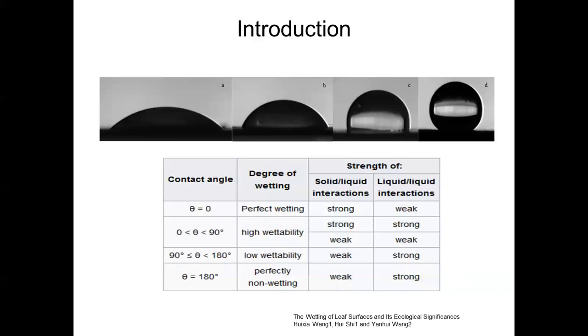The liquid to solid interactions are very strong, and the liquid to liquid interactions, the drop itself, are very weak. If we look at angles between 0 and 90 degrees, we would have high wettability. The liquid-solid interactions could be strong or weak, and the liquid-liquid interactions could also be strong or weak. We can also see the other angles on there and take a look at their relative strengths.